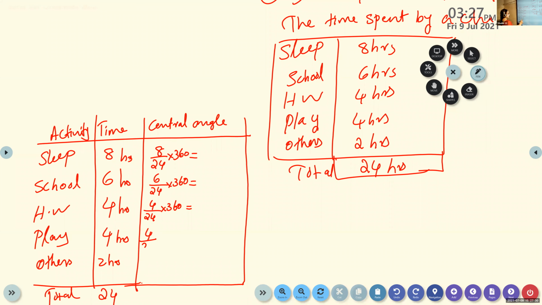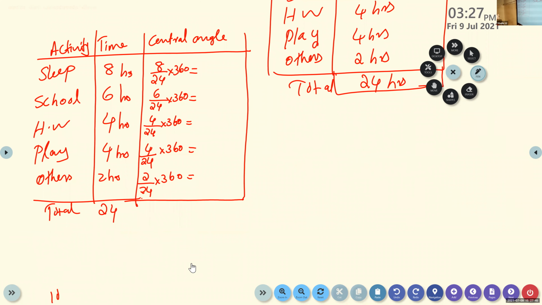Both are 4 divided by 24 into 360. 2 divided by 24 into 360. This is a very easy way of calculation, okay? Or you can find 360 by 24 first, then multiply. What is 360 by 24? Find 360 by 24.